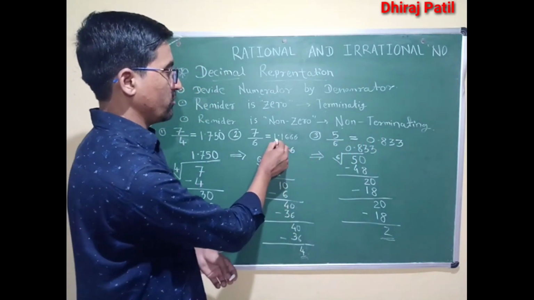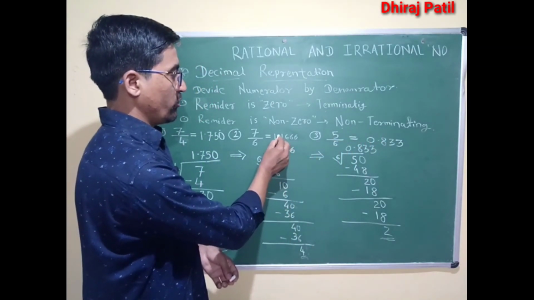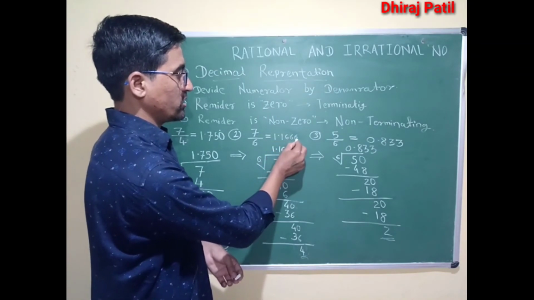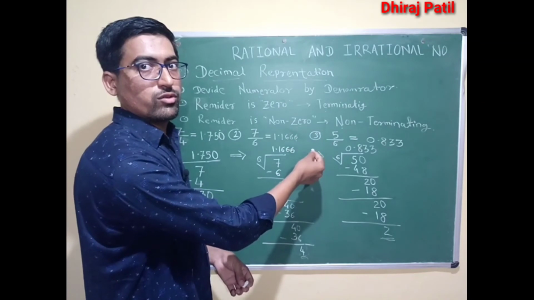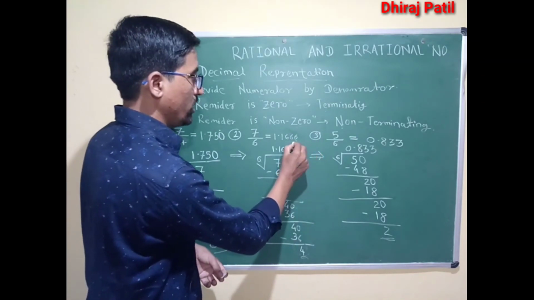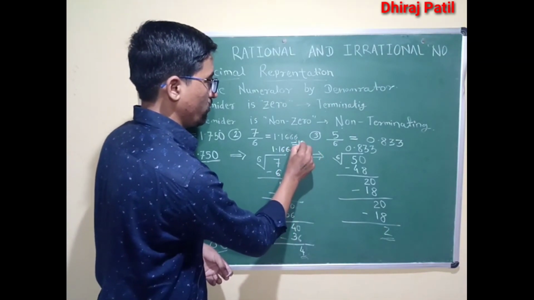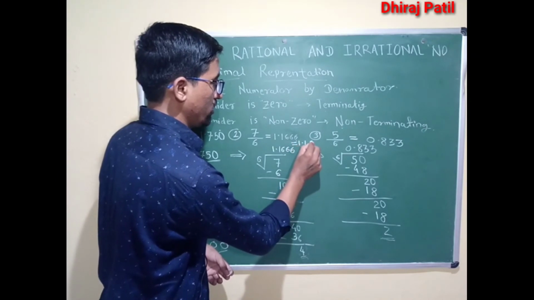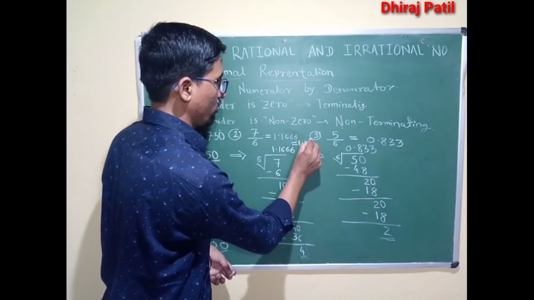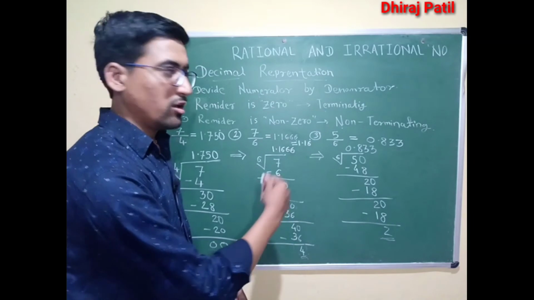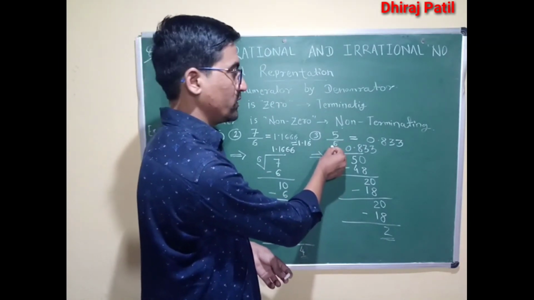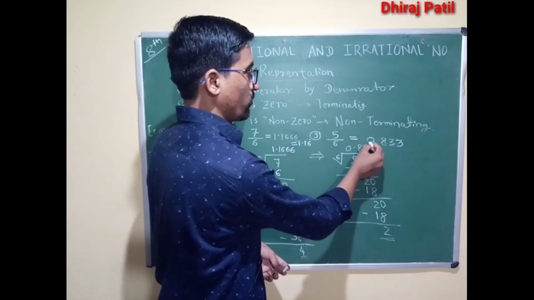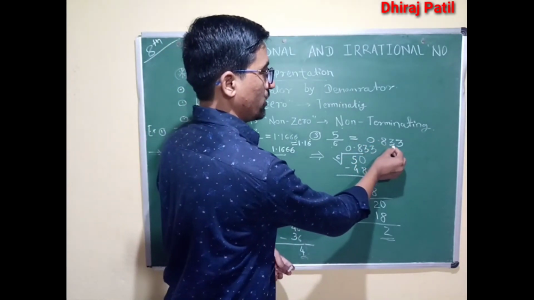In our example, the answer is 1.1666. Here 6 is repeating again and again, so no need to write it all. Only write it in such a way: 1.16 and put a dot on the 6. Same as in our third example, 5 by 6, the rational number converted into decimal form is 0.833.